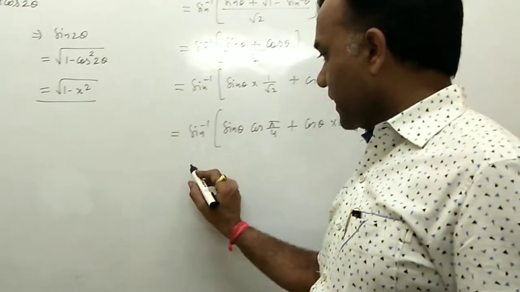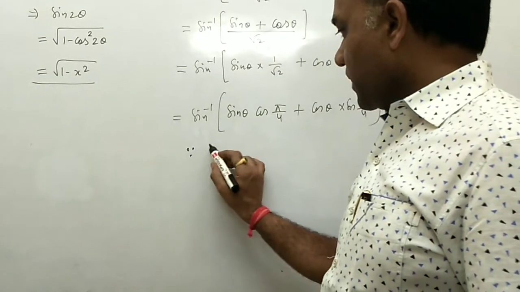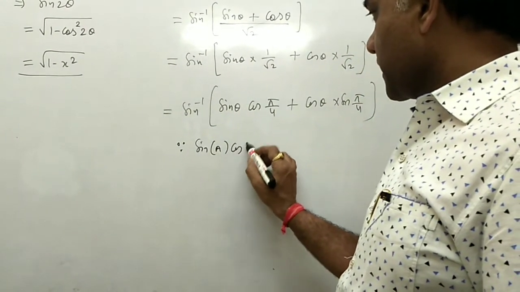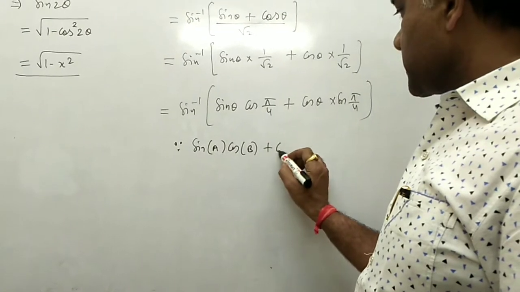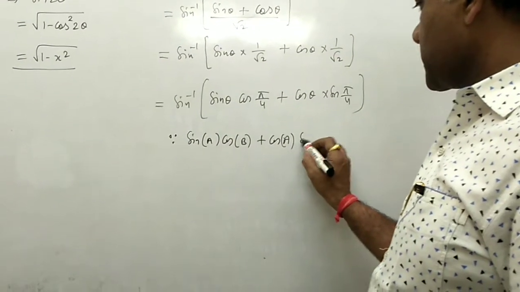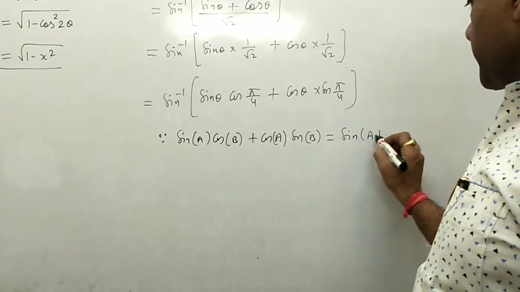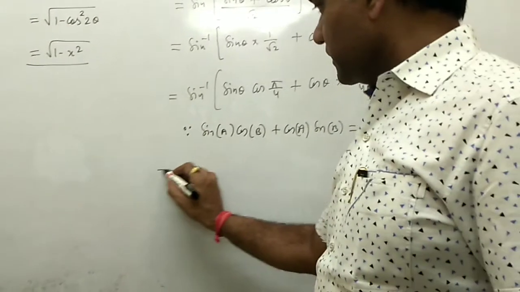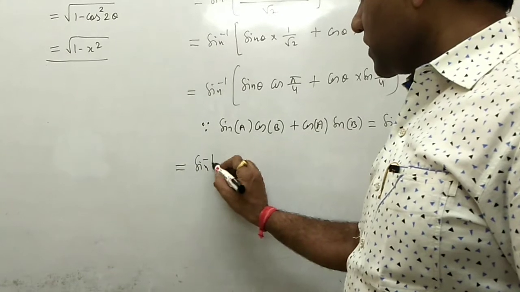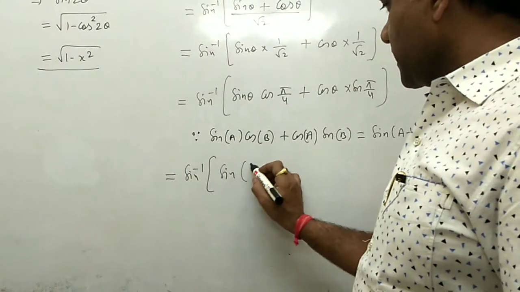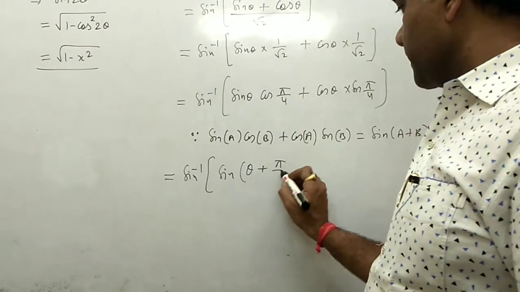Here we know the trigonometrical identity, the sub-angle formula: sin A cos B plus cos A sin B, which is sin of A plus B. Then the inside value of sin inverse is theta plus pi by 4.